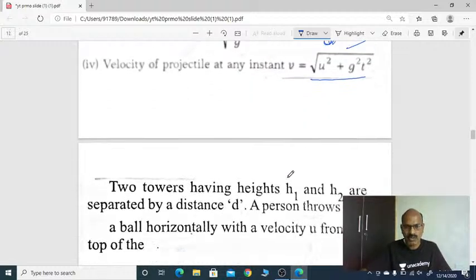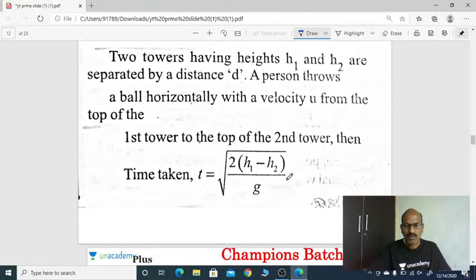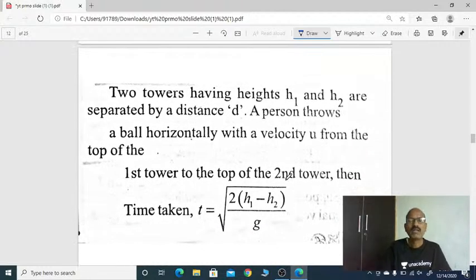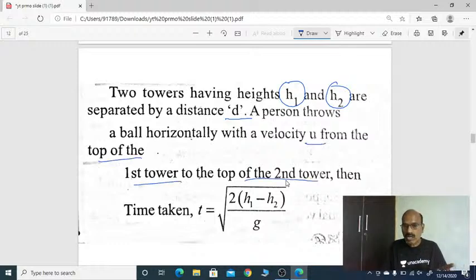Now, let us move to some more additional points. Two towers having heights h1 and h2 are separated by a distance d. A person throws a ball horizontally with velocity u from the top of the first tower to the top of the second tower. Understand? The heights are given as h1 and h2, with separation d.